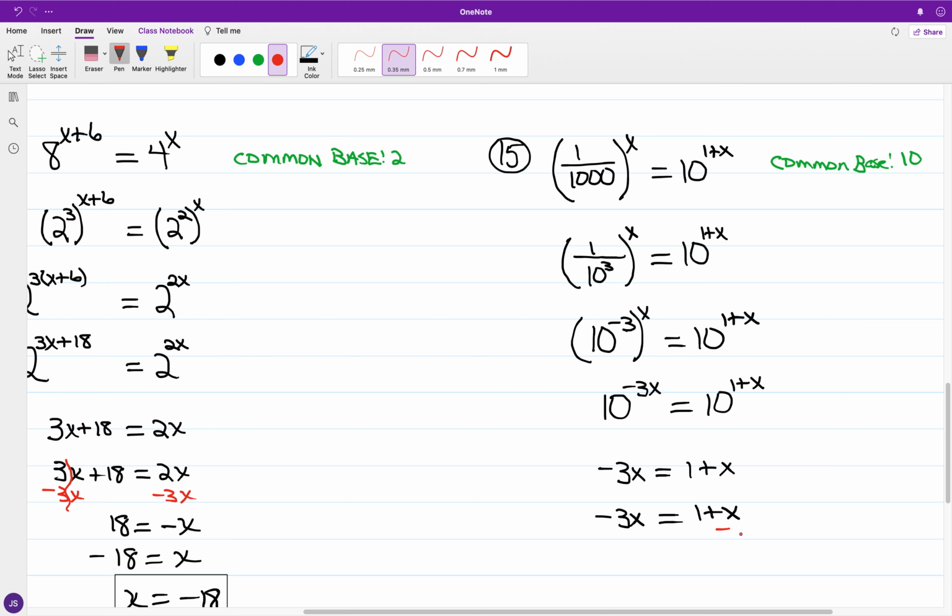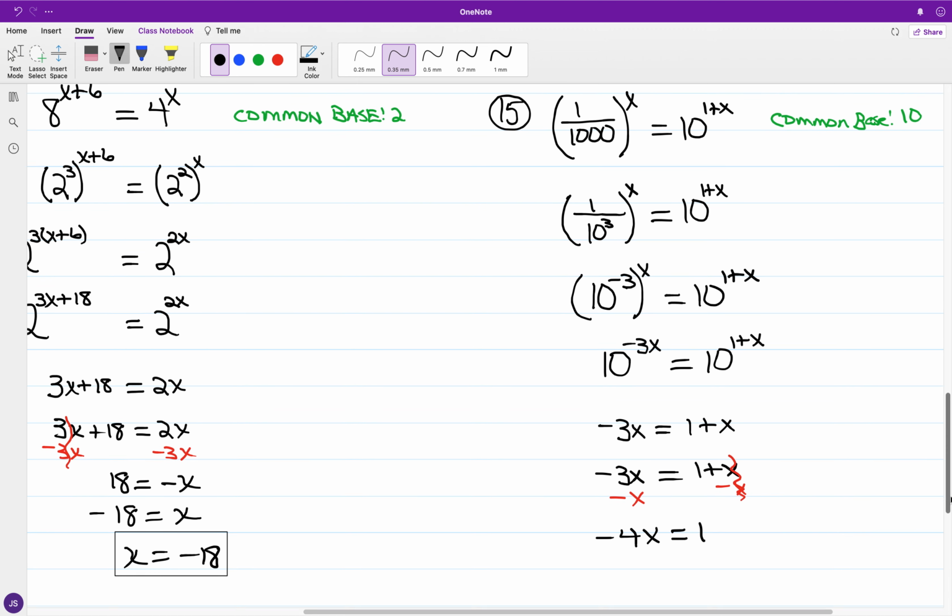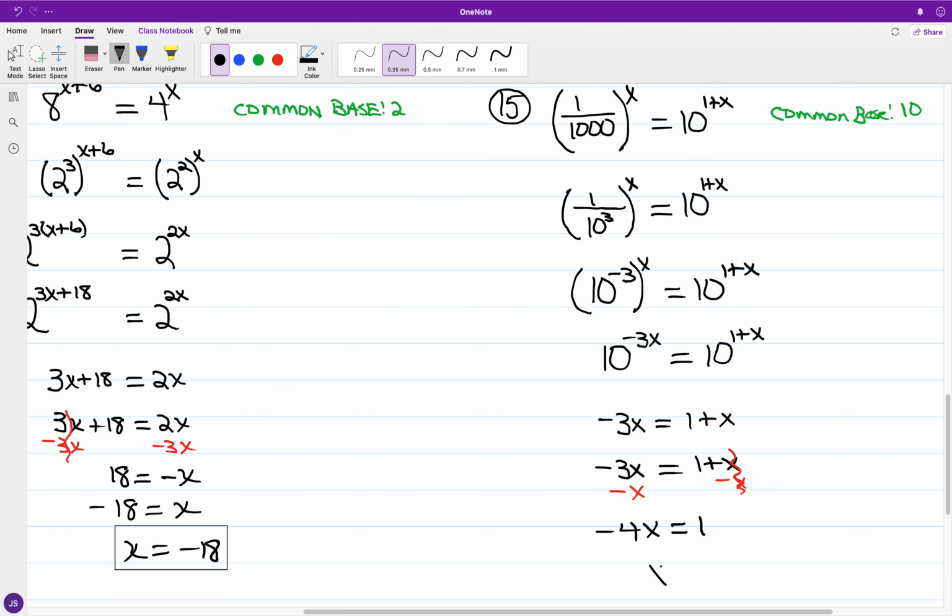And again, combining the variable terms together, negative 3x minus x becomes negative 4x, and we have negative 4x is equal to 1. It's going to turn out that for the value of x, this is going to be a negative fraction, so we have negative 1/4.